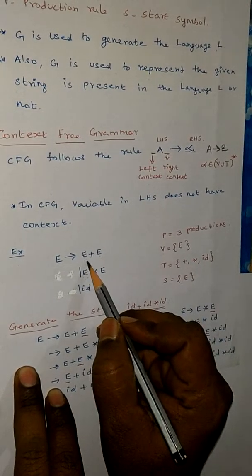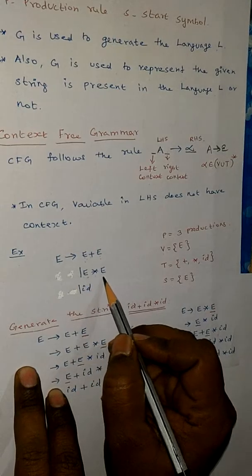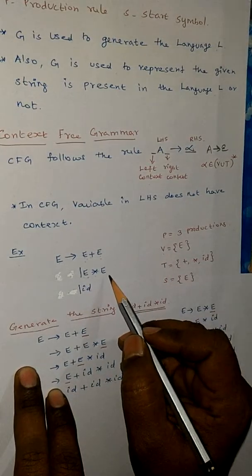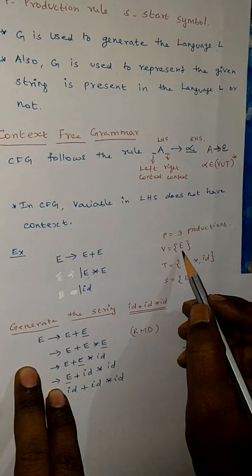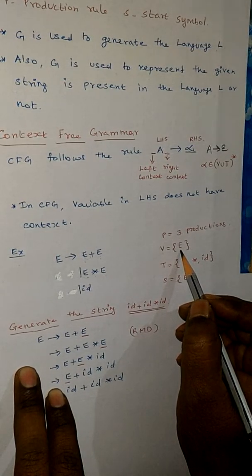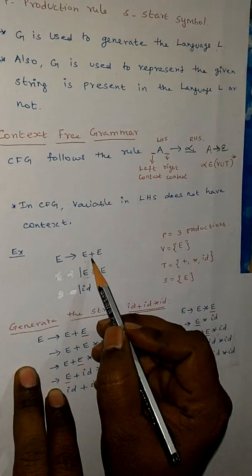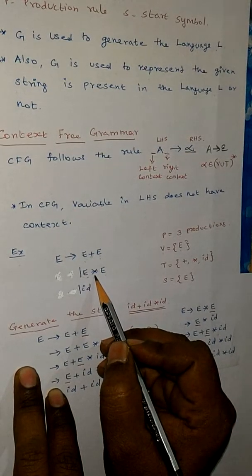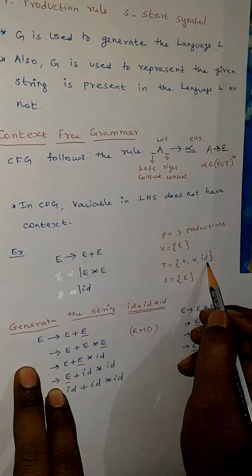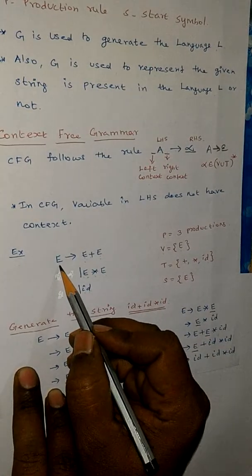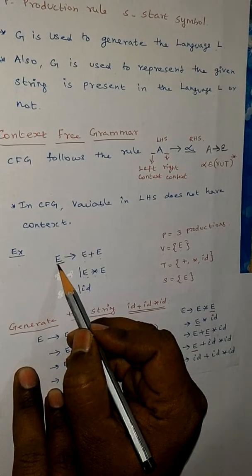Here we have only capital E, only one capital alphabet, so the variable is only one. The terminals are plus, star, and ID. So three terminals are there, and the start symbol is capital E.